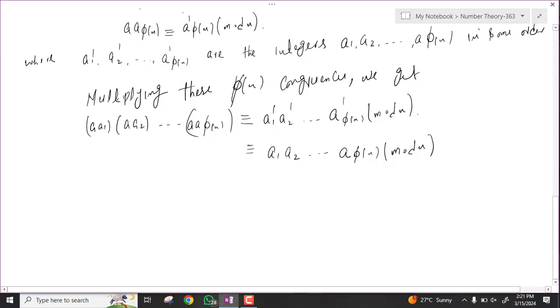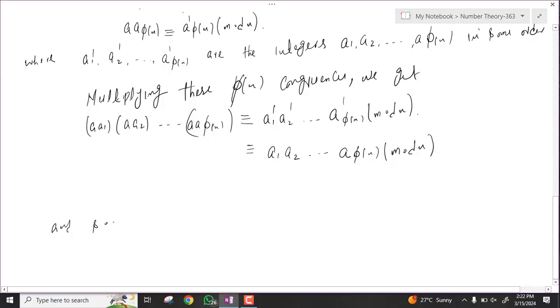We have written A1 dash, A2 dash, A phi of n dash modulo n as A1, A2, A phi of n, and so these are phi n congruences.